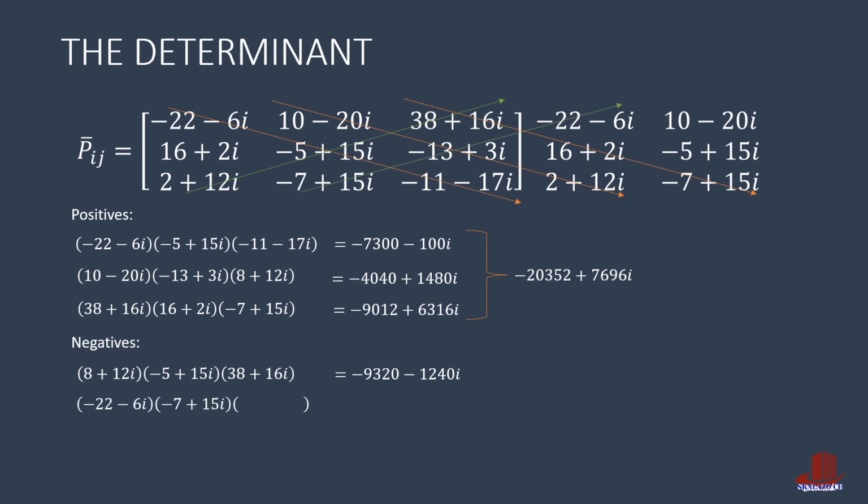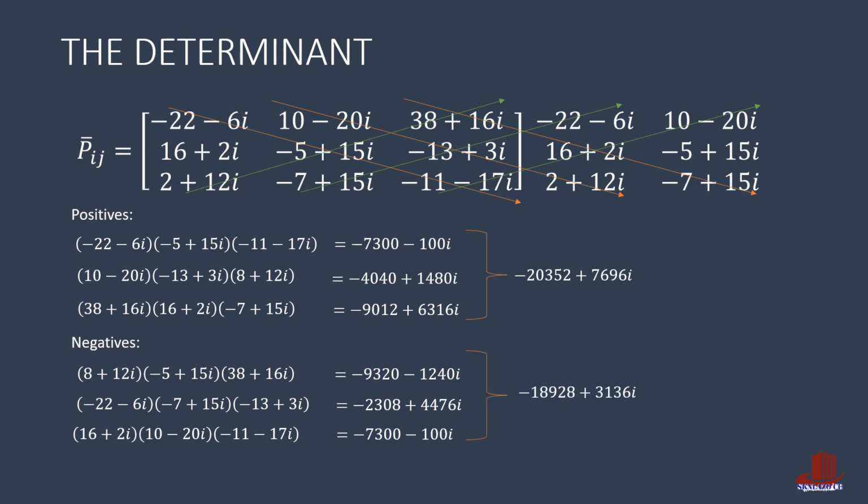The next diagonal has negative 22 minus 6i, negative 7 plus 15i, and negative 13 plus 3i. The product is negative 2,308 plus 4,476i. The last anti-diagonal has 16 plus 2i, 10 minus 20i, and negative 11 minus 17i. Their product is negative 7,300 minus 100i.